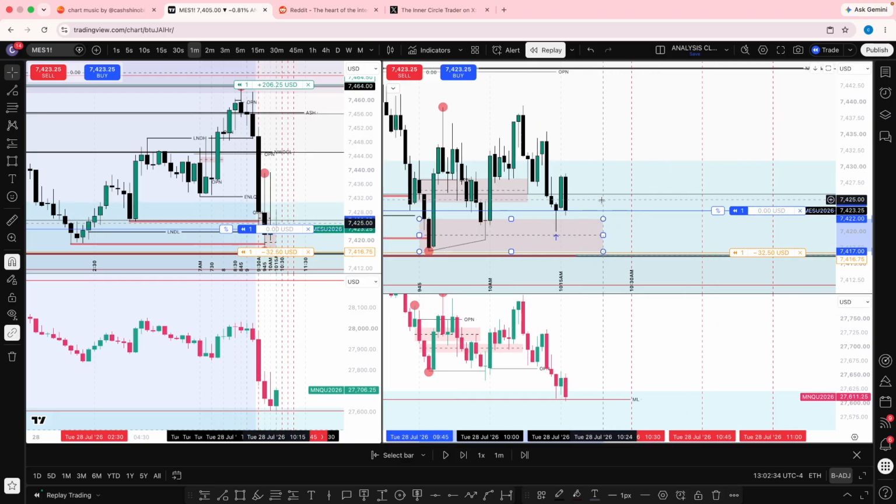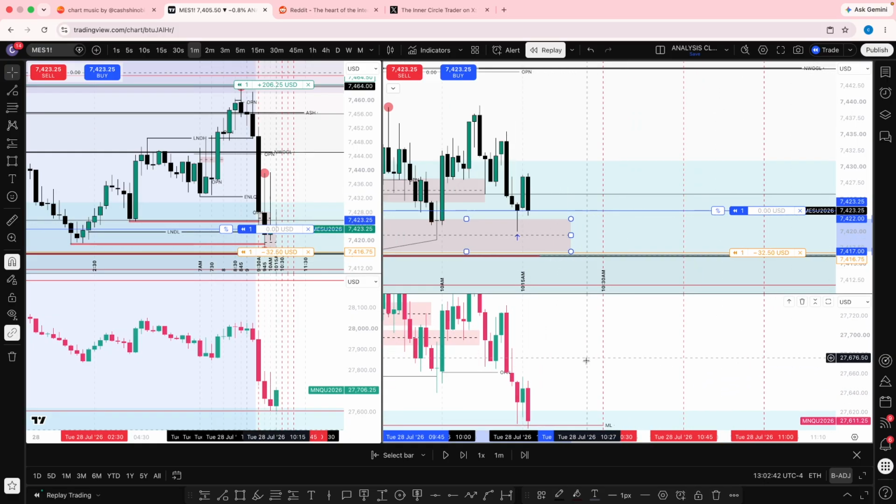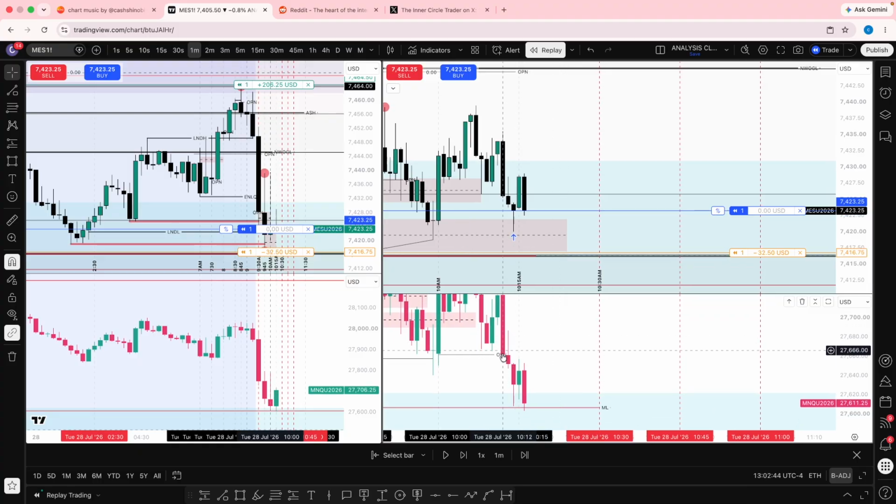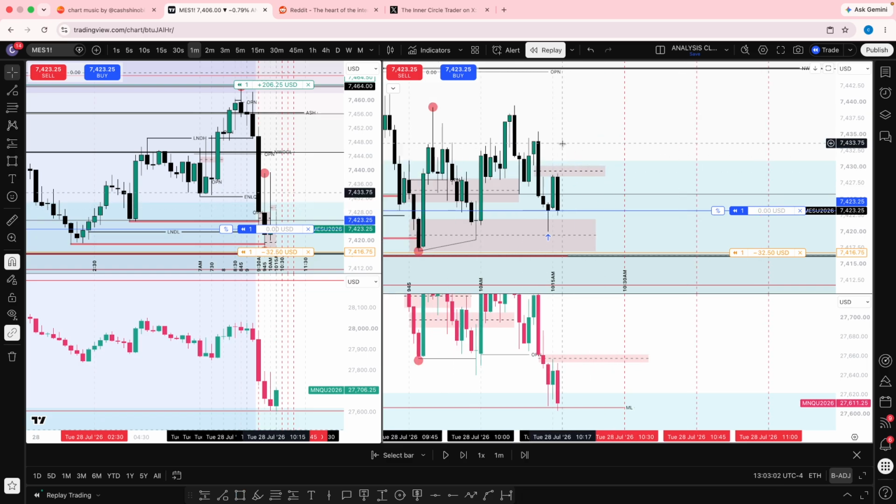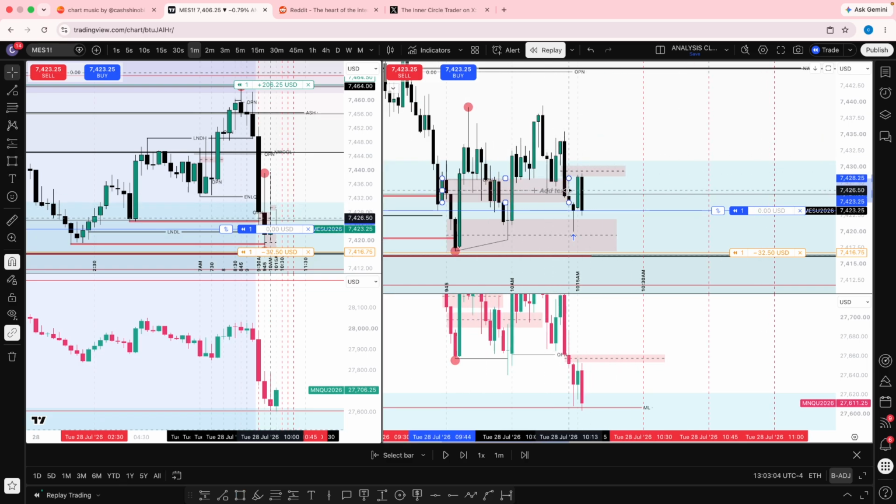Okay, here we have an open. And now price, did price do anything different here? We're going to monitor this level right here. All right. Monitor this level right here and monitor this level right here on ES to see if price is going to get above that.